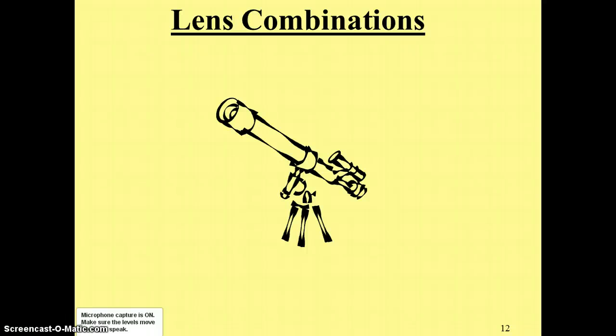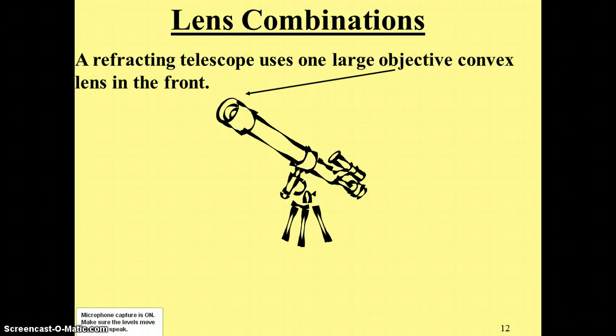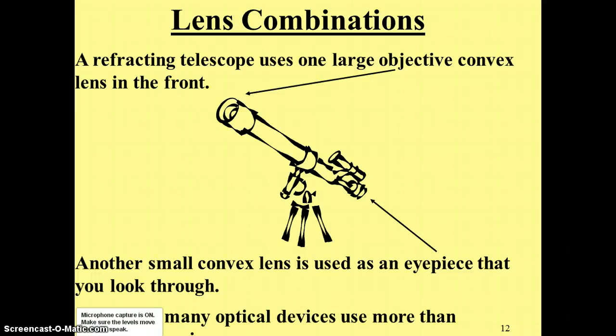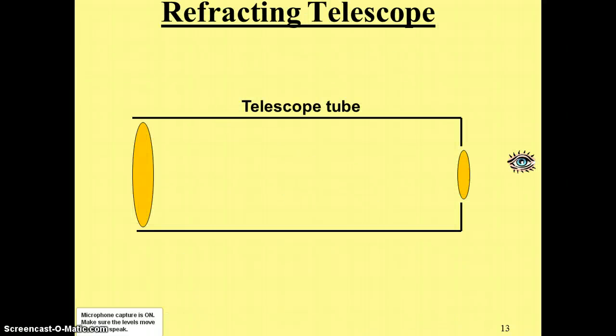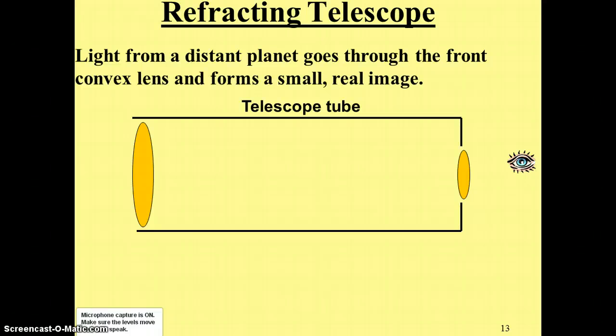Now, in reality, many things use multiple combinations of lenses. A refracting telescope, for instance, has a very large convex lens at the front, another smaller convex lens at the eyepiece. And what it does in that case, if we were to look inside the telescope, the light going through the large convex lens converges and produces a small real image, because the light from this planet is very far away.